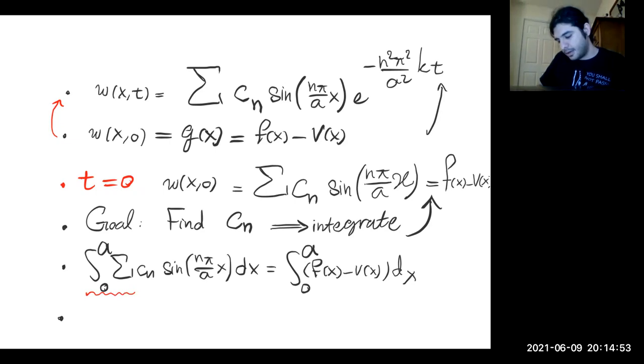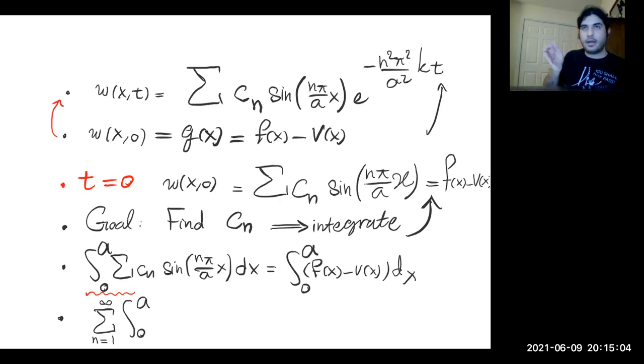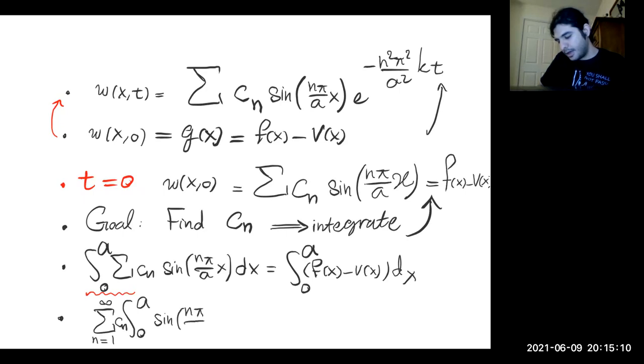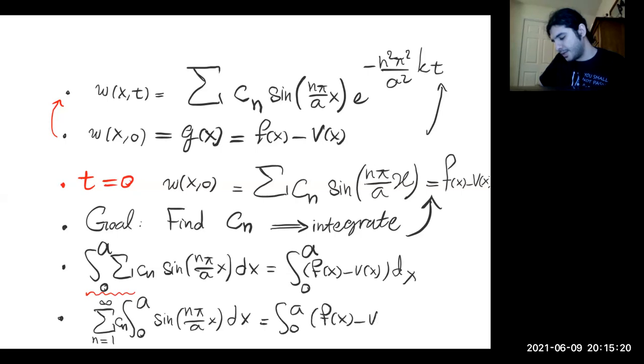So on the left-hand side, you would have sigma, n goes from 1 to infinity, integral from 0 to a, and cn is a constant, so it comes out of the integral. So cn times sine of n pi over a x dx should be equal to the integral from 0 to a of f of x minus v of x dx.